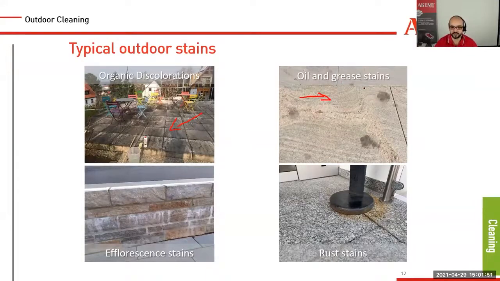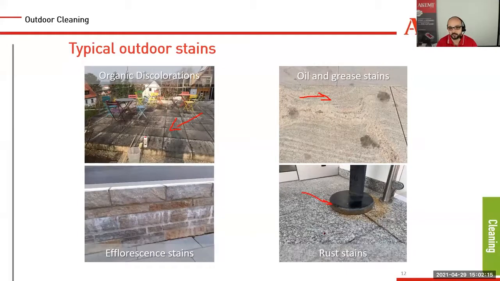And you see here deeply penetrated oil and grease stains. These are typical stains in outdoor use, but rust stains are also typical, especially those from metallic tools, for example, or ashtrays, as you can see here. But rust stains can also come from the natural stone itself.